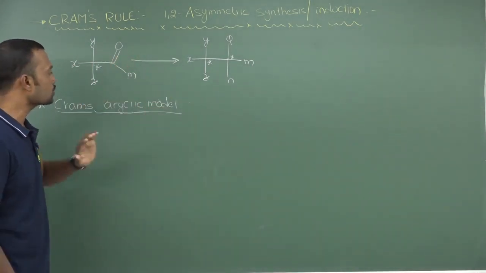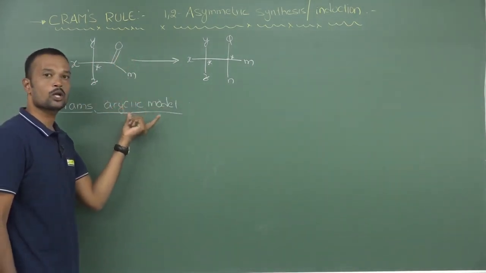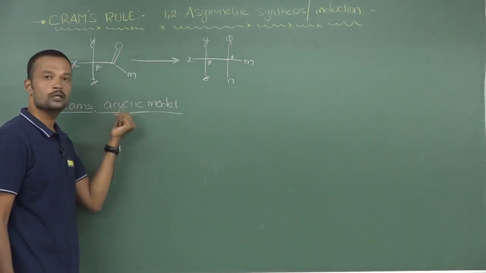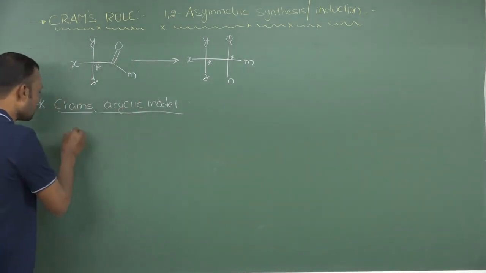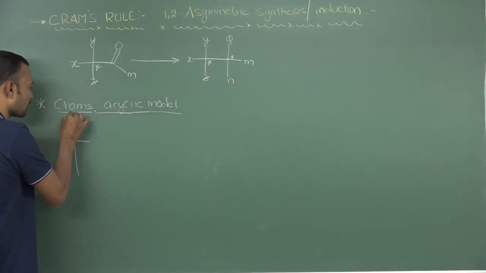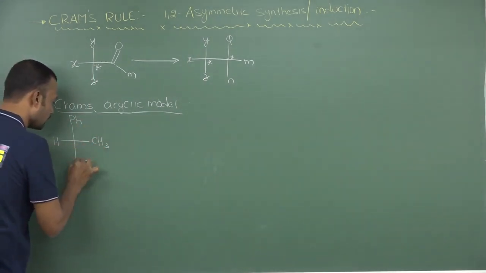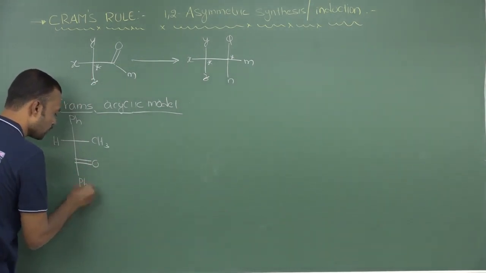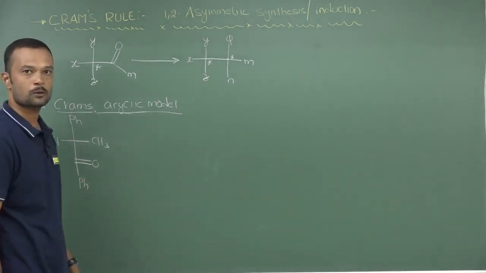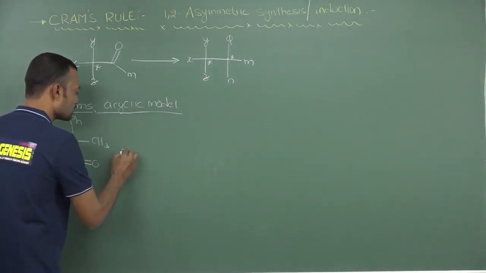In this one there are no polar molecules, no electronegative elements present around the chiral center. So it should carry three different groups. Here phenyl, and here I am taking methyl, hydrogen, and here a carbonyl group, and this is phenyl. Then how to write a suitable Cram's representation?